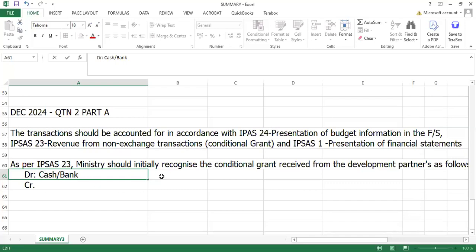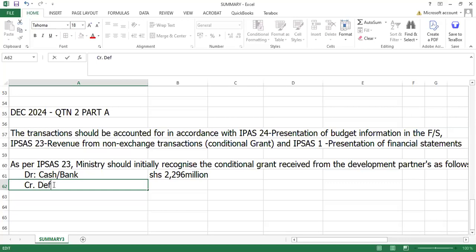So we are recognizing how many shillings we received: 2.296 billion, so I can say 2,296 million. Then you credit what? Isn't it a financial liability?